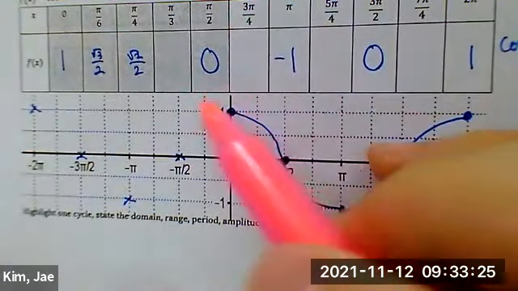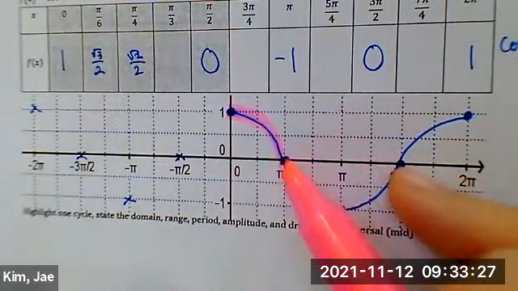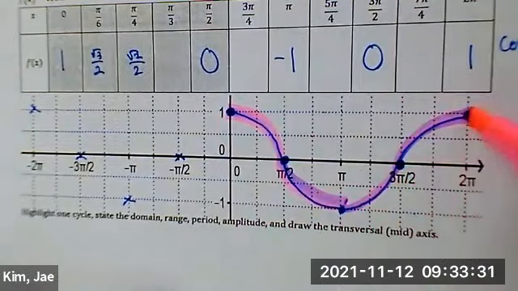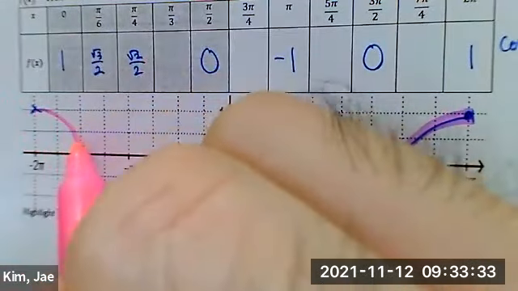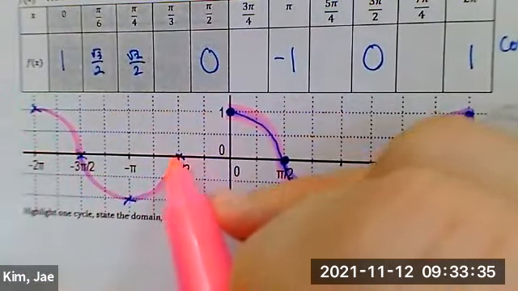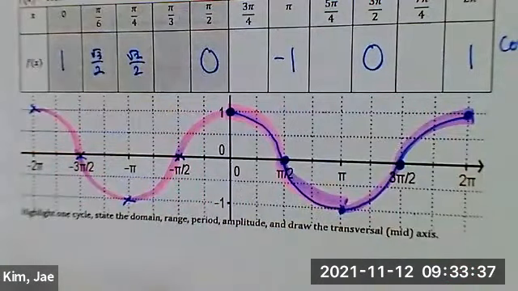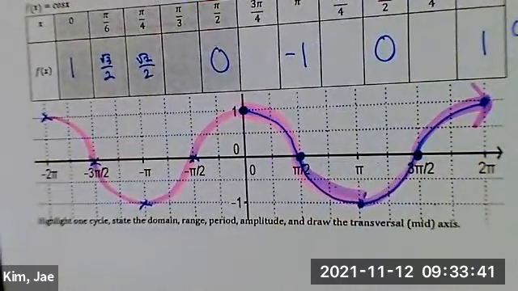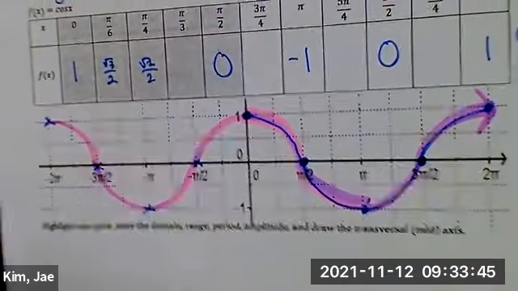Anyways, please don't draw straight lines. You need to be comfortable at this point in creating cosine and sine curves on a whim without even thinking, because you're supposed to have a lot of practice from grade 11. Okay.